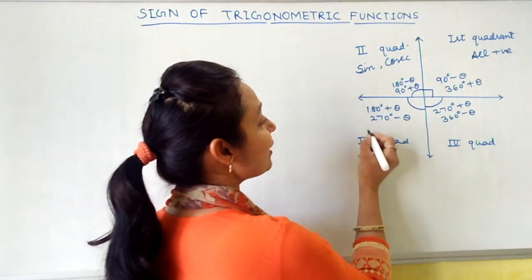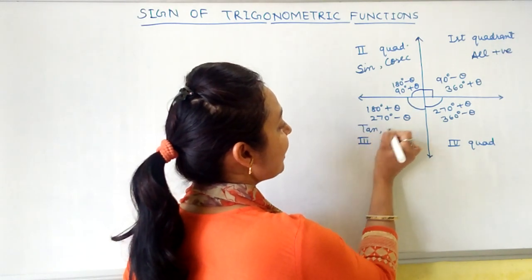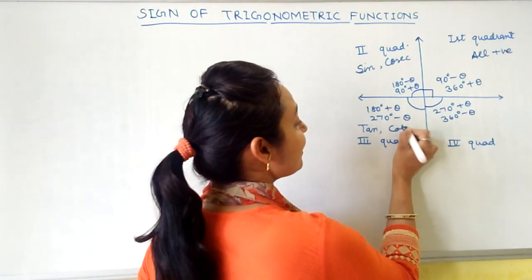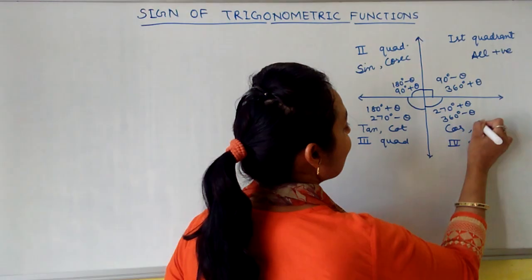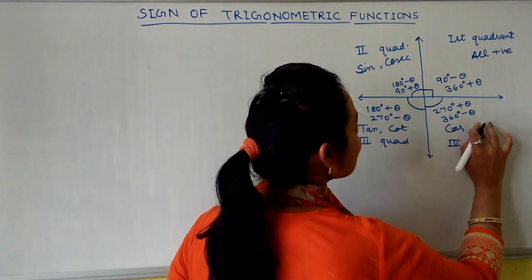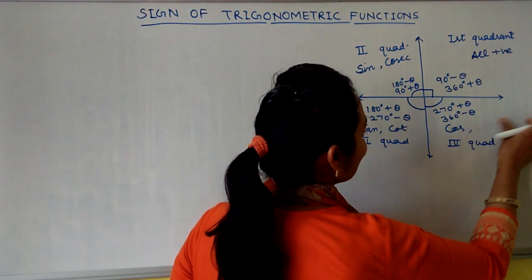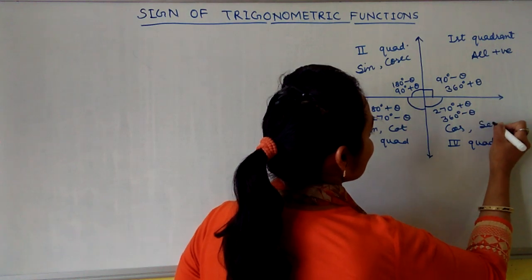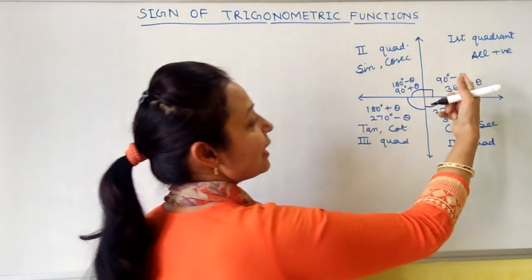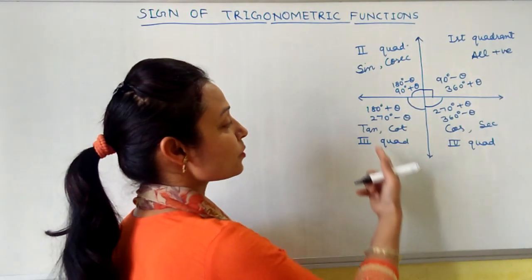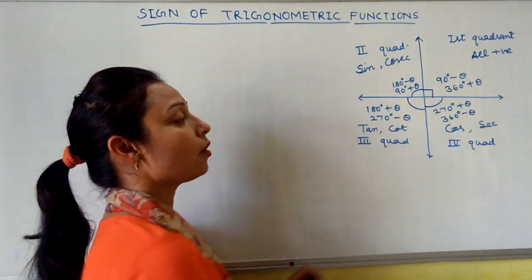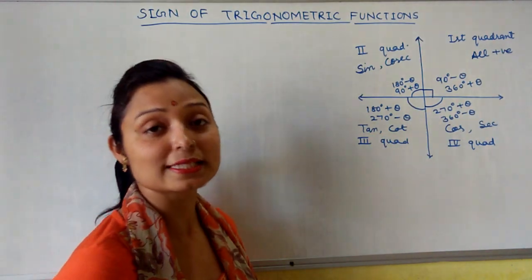Okay, and this quadrant is for tan and cot, and this quadrant is for cos and its inverse, that is secant. So sine and cosec are positive in the second quadrant, all are positive in the first quadrant, tan and cot in the third quadrant, and cos and secant in the fourth quadrant.